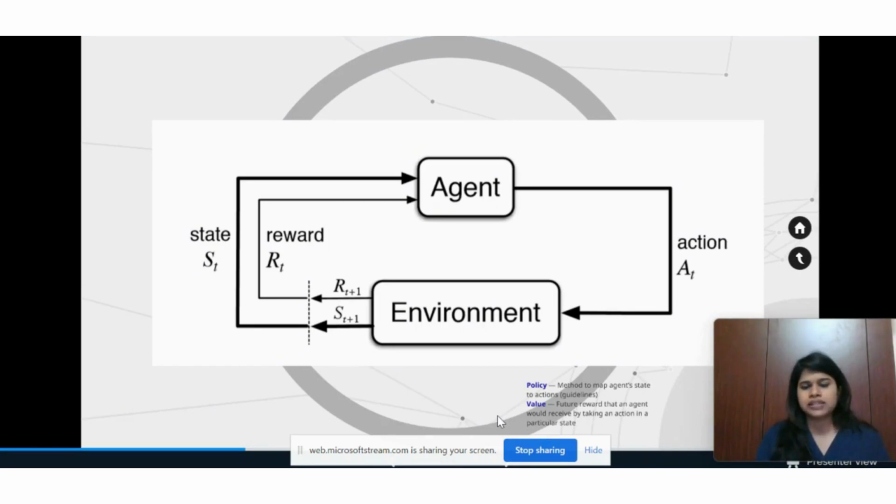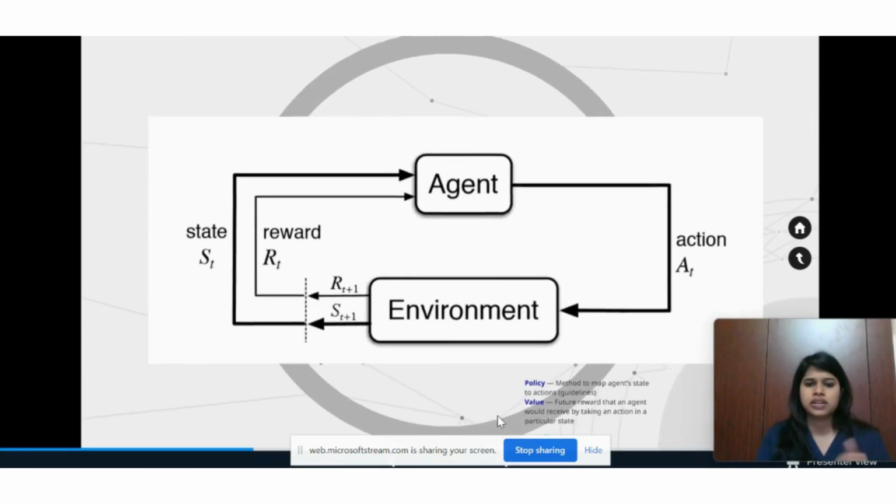And what does it do? It does an action. The state in which the agent is, is simply called the state of the agent, and for whatever action it does, it is going to get a reward, be it positive or negative. That is what is given in this environment, in the diagram that you see. This is the overall model.